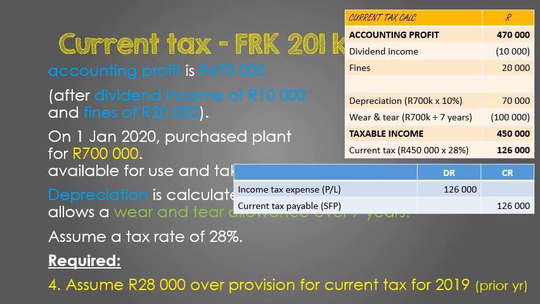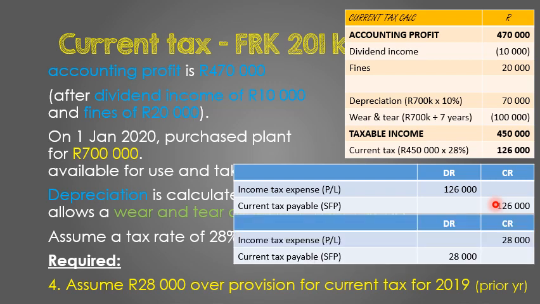Okay, so what if we now had a 28,000 over provision for current tax for the prior year? In the prior year, when we did this journal in 2019, remember this is now the 2020 journal, based on the 2019 current tax calculation, we actually had an over provision. So we provided for too big an amount of tax. We in the end only had to pay 28,000 Rand less than what we provided for. So what do we do now in 2020 if we have this situation?